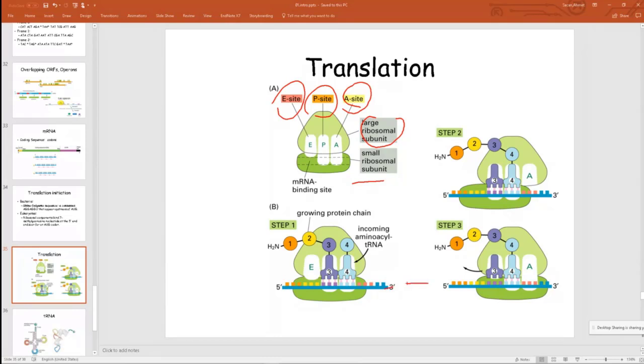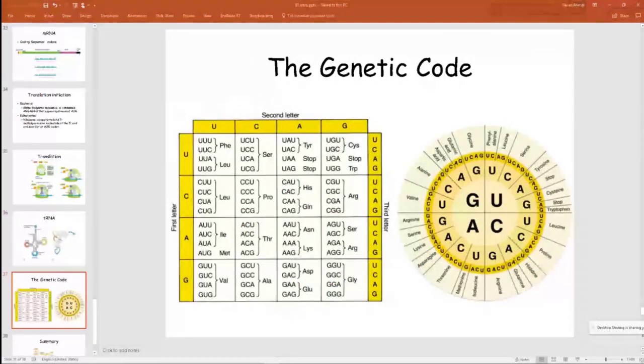The messenger RNA is sliding through these different pockets. When a codon is in the acceptor site, a particular transfer RNA that has nucleotides complementary to that codon will come and bind there, and it will be holding a particular amino acid. Okay, and that's described as the genetic code.